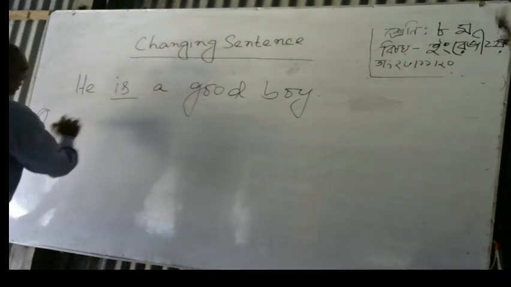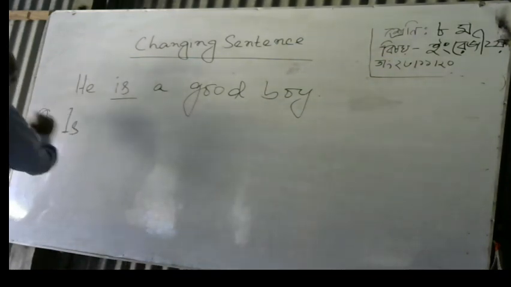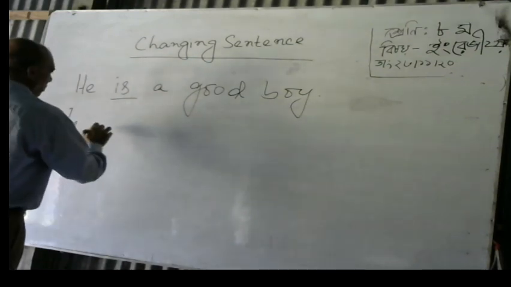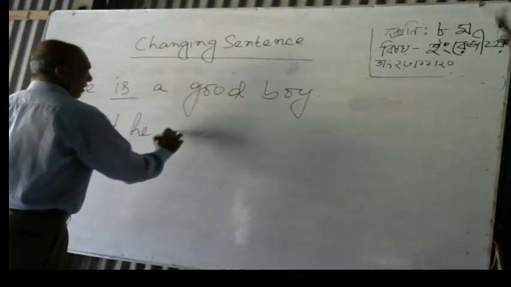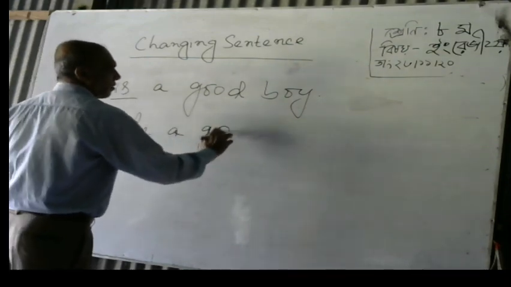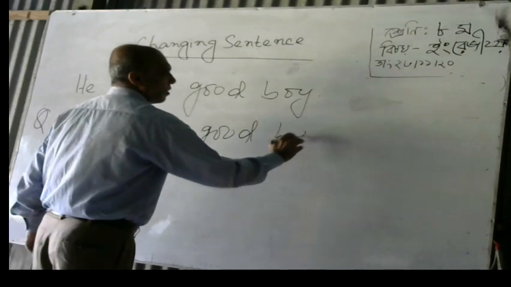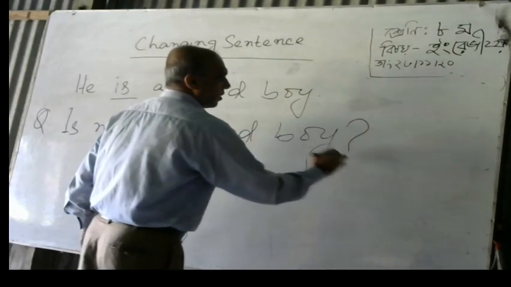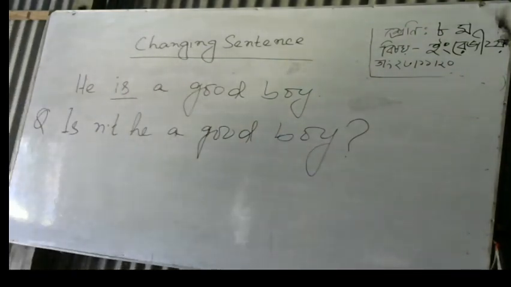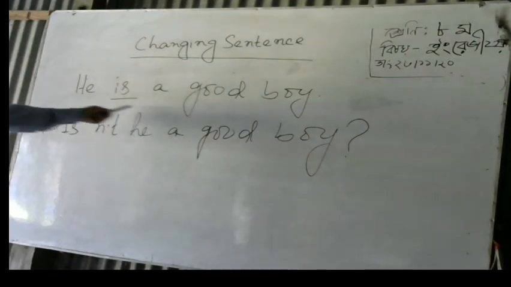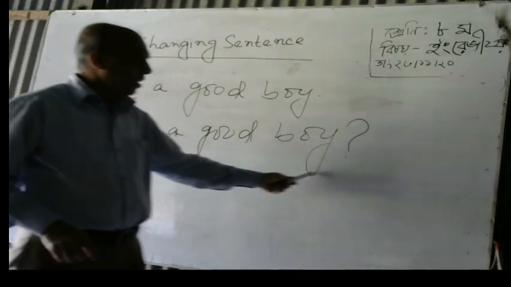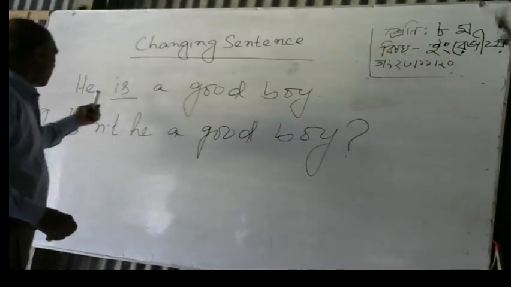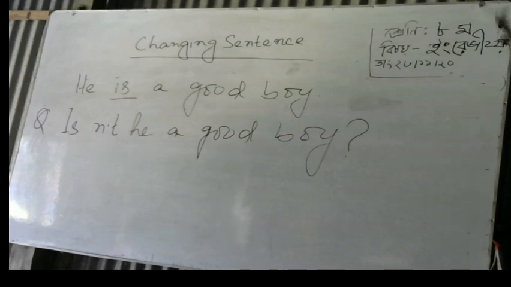At first you will write down the be verb or auxiliary verb, then you write down not. Isn't he a good boy? Isn't he a good boy? That means he is a good boy. If the statement is positive or affirmative, we will make the question negative.